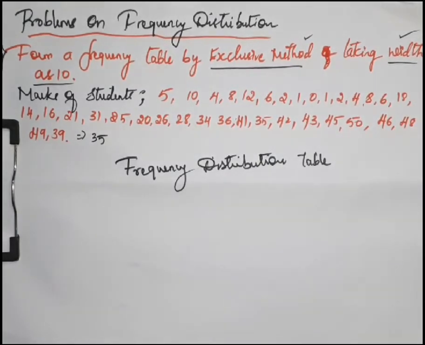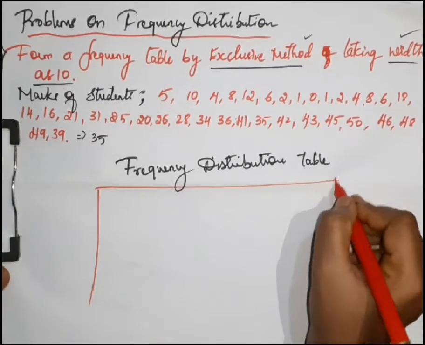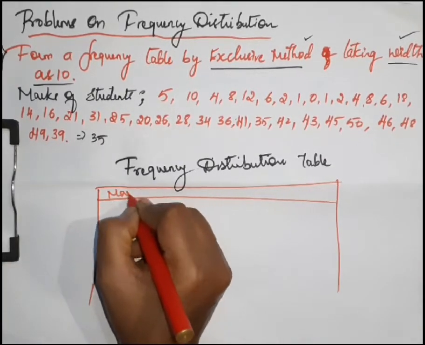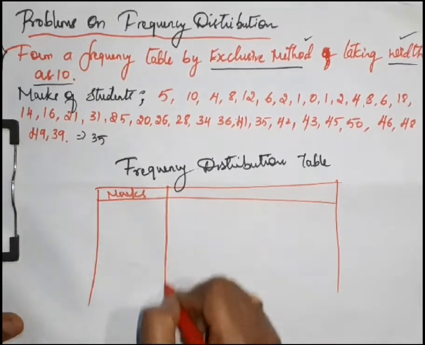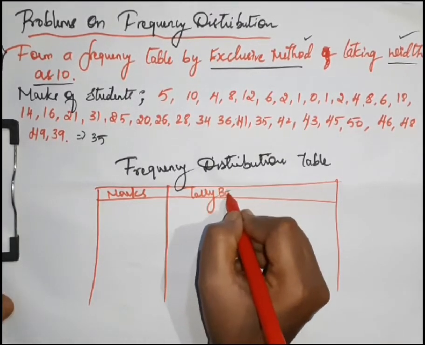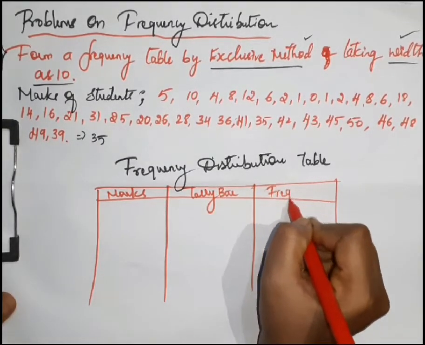So we have to prepare a frequency distribution table. Usually this table contains 3 columns: one is marks, secondly we have the tally bar, and this is frequencies.